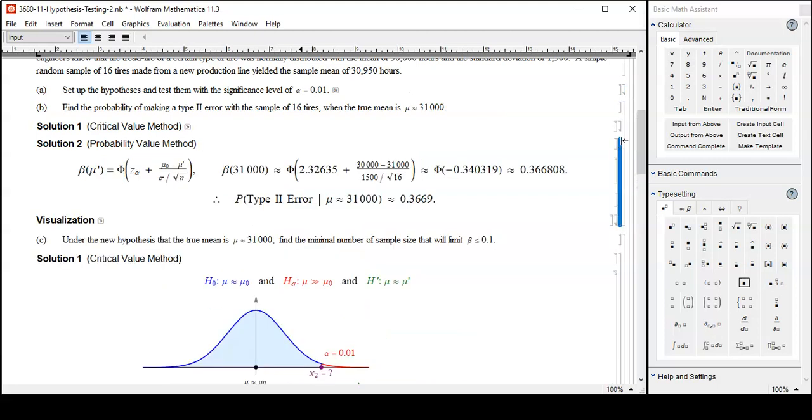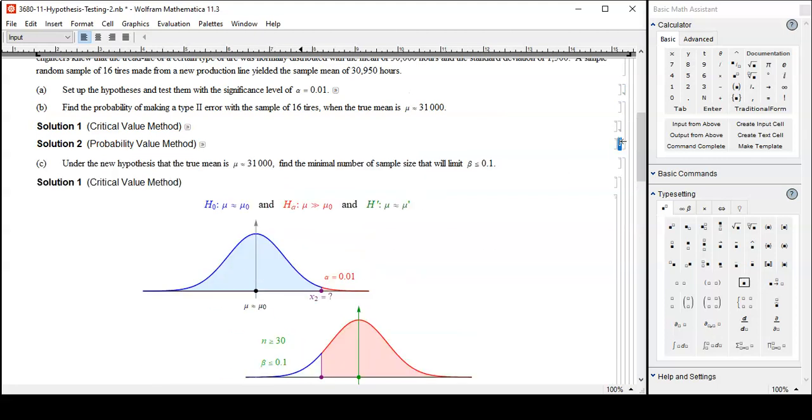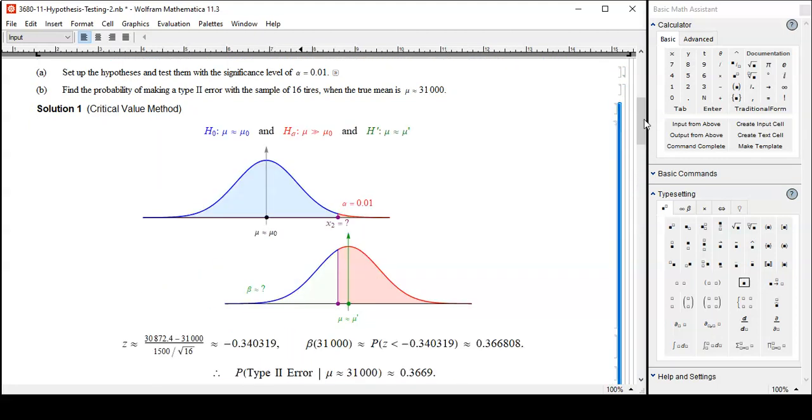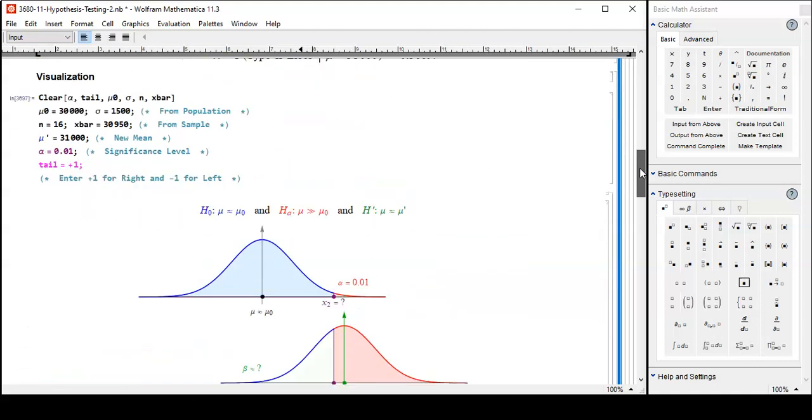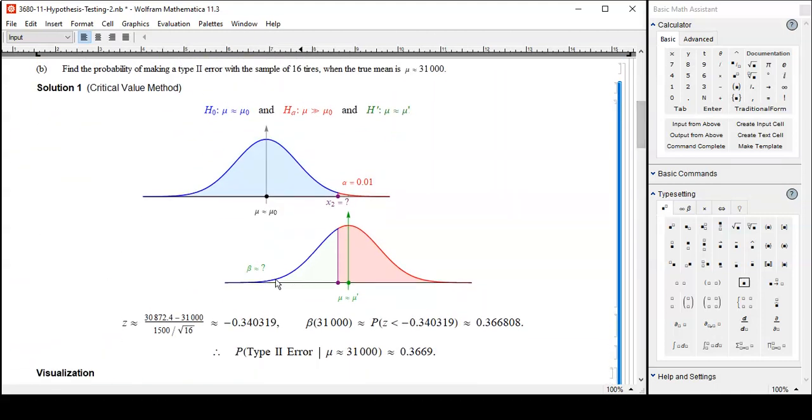Previously here, this beta value was 36.7%. Same 30,000 and 31,000.